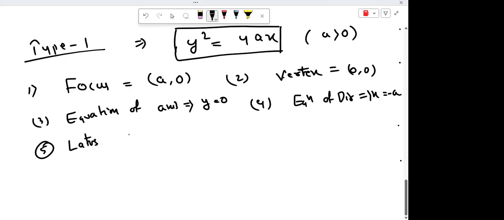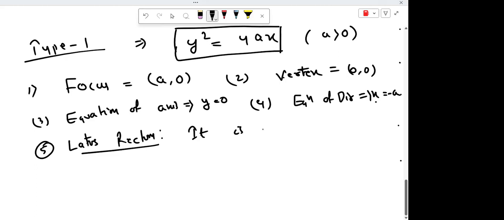Just write it down, I'll explain what this means. Write down the definition also. After the equation of directrix, the fifth one is the latus rectum. It's a Greek word.